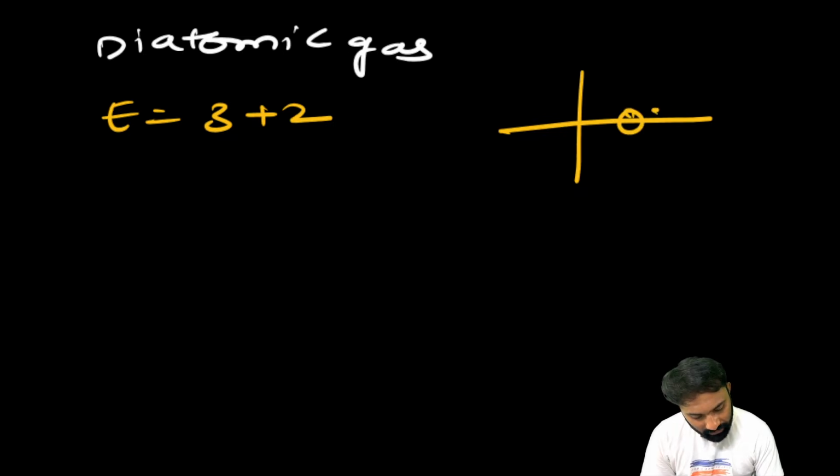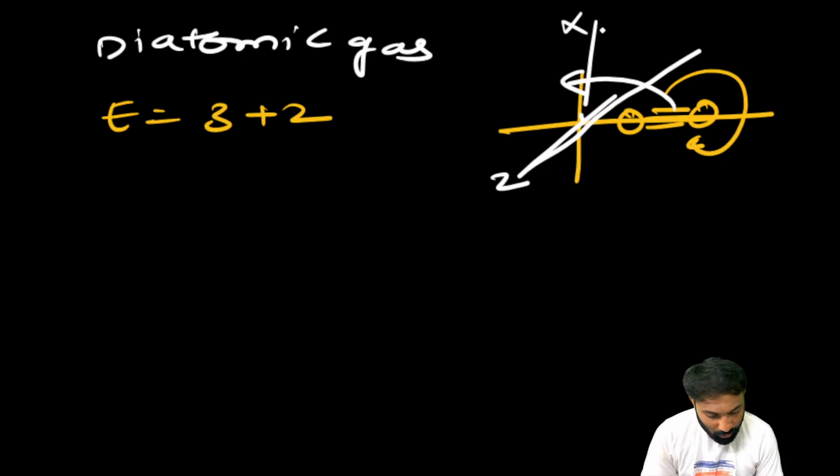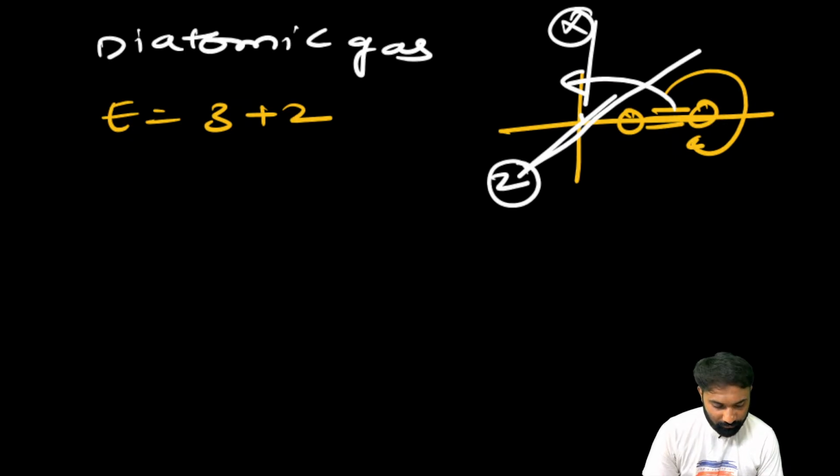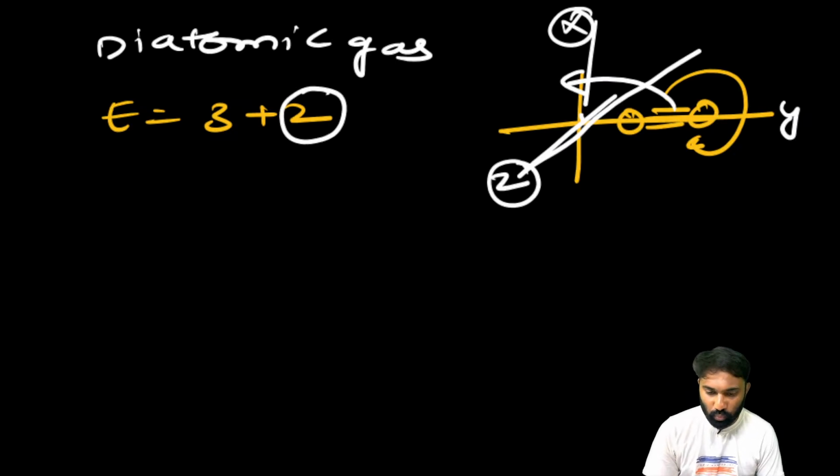For the diatomic gas, on its own axis it will spin, but if I rotate like this, it will be touching the x-axis, and here it will be the z-axis, right? So around the x-axis and the z-axis it is rotating. On the y-axis it is spinning. So the rotational degrees of freedom is 2.